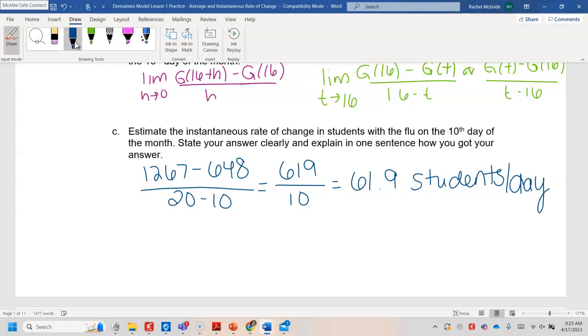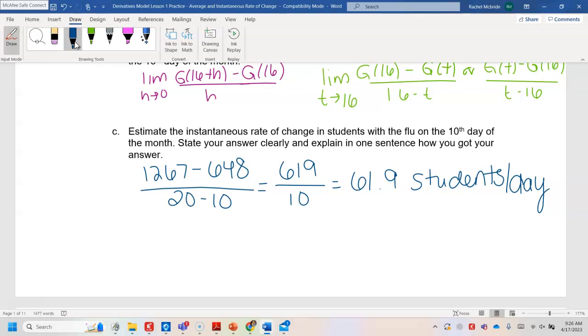So again, the average rate of change and the instantaneous rate of change will have the same units. But obviously the functional values are not the same. So what does that mean?